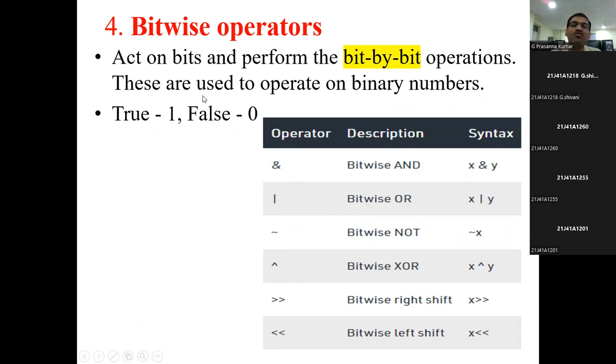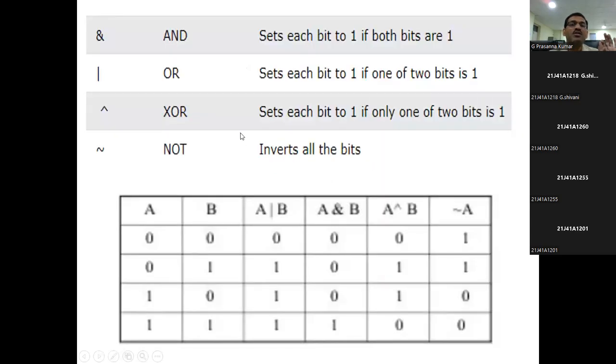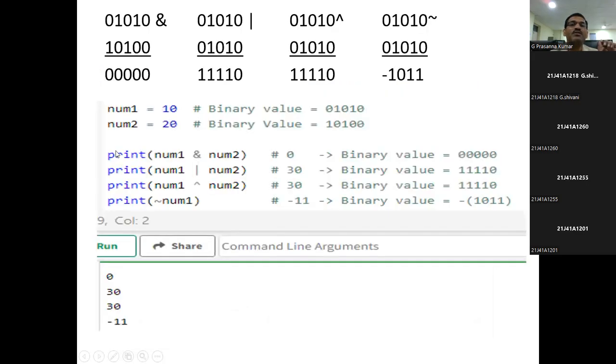These are used to perform on binary numbers. If you enter a decimal number, it converts into the binary system, and then operates on that binary result. It gives a result. True is 1, false is 0. Here the bitwise operators are and symbol, or, XOR and not operator.